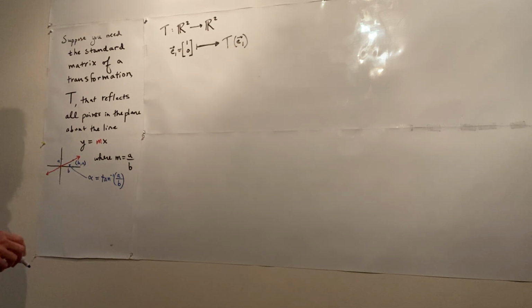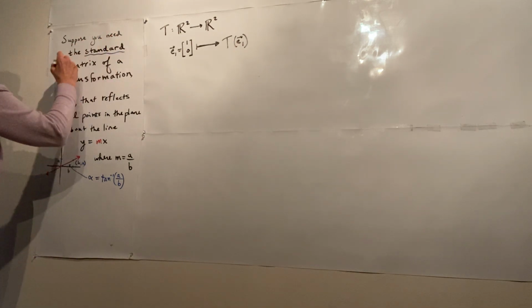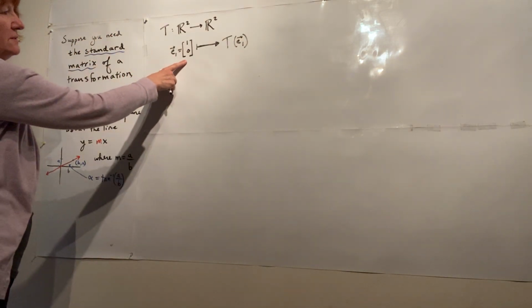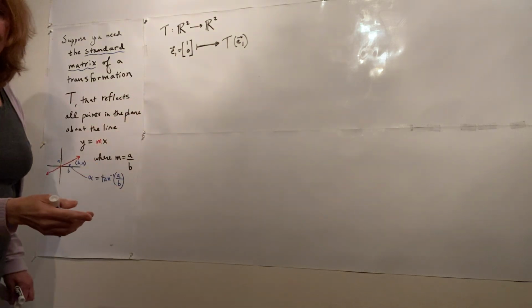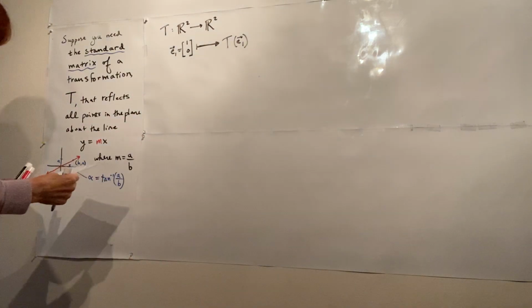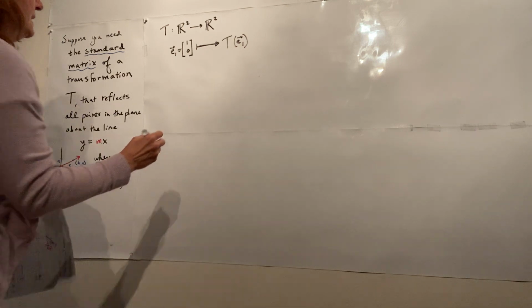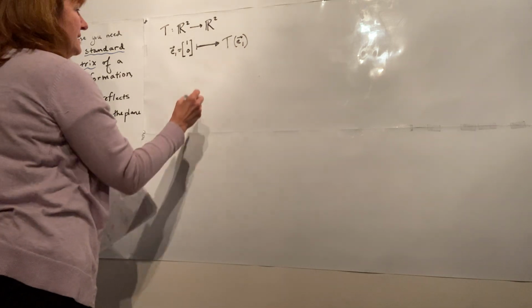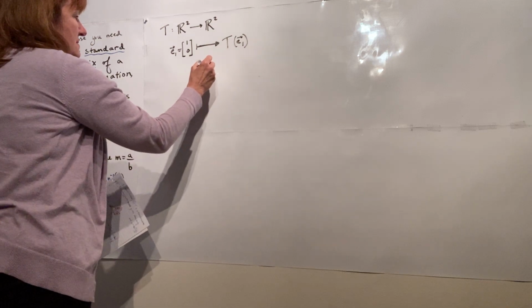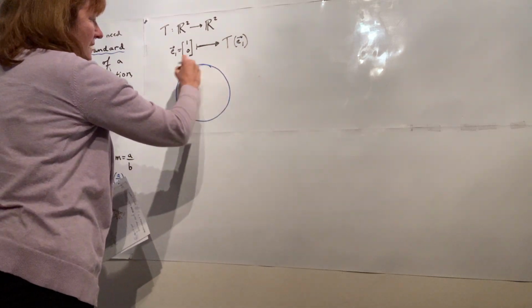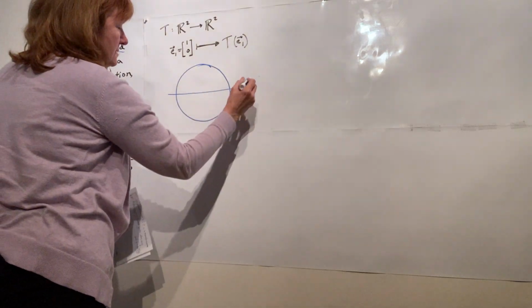To figure out what its standard matrix looks like, we just have to ask ourselves, what does it do to E1, what does it do to E2, and put those in a matrix. A good way of thinking about this is looking at the unit circle.